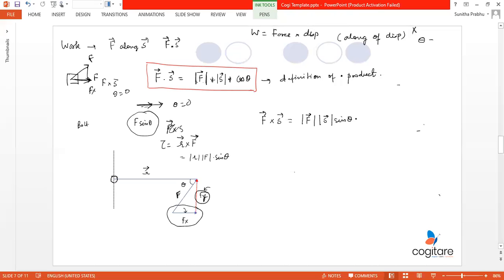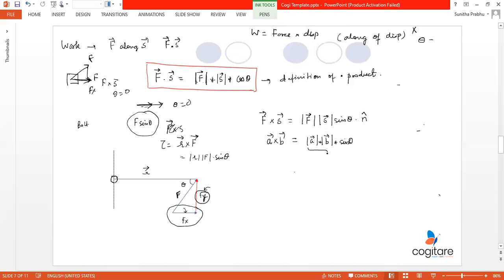There is one more thing here which is not required for you. We'll explain that later. Instead of F cross S, you can also say A cross B. A cross B is nothing but magnitude of A into magnitude of B into sine of the angle between them.